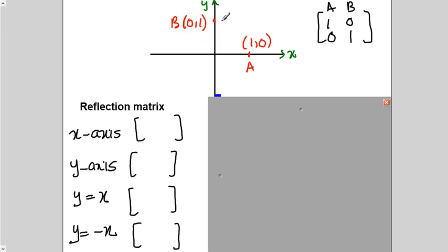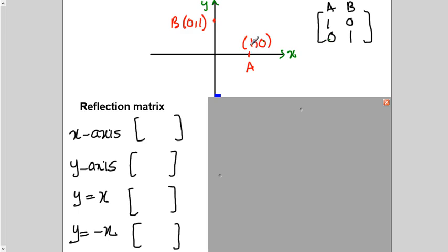Okay. So now this is our standard point. A is 1, 0. B is 0, 1, right? And these points, if I write in the matrix form, A is 1, 0 and B is 0, 1. Now these points will help you to fill up these matrices. Now see how. If I say reflection in the x-axis, then this is my x-axis.